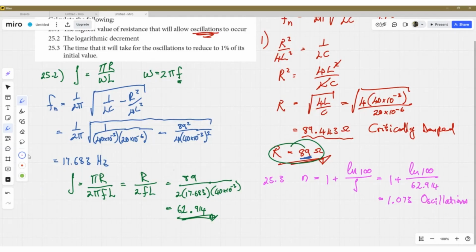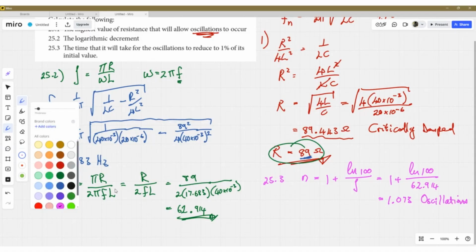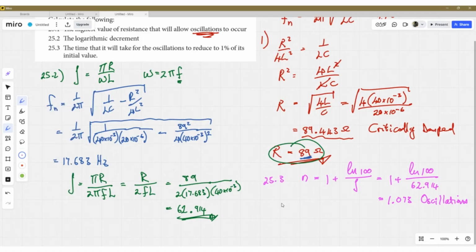Another thing we need is the period of one oscillation, which is just 1 over 17.683.